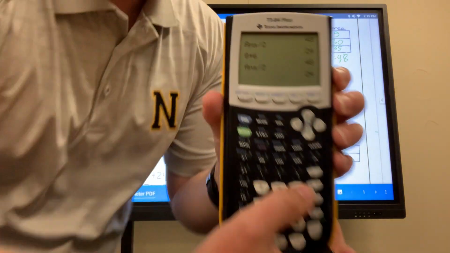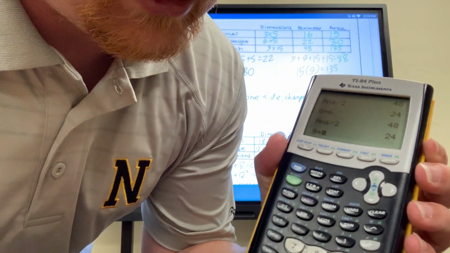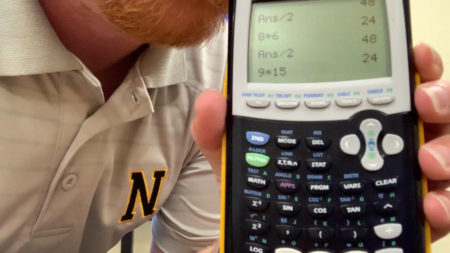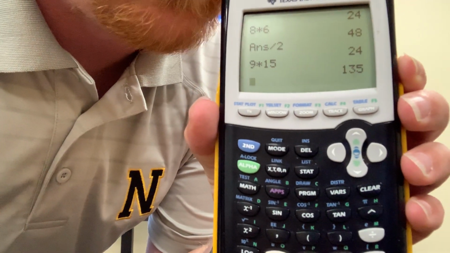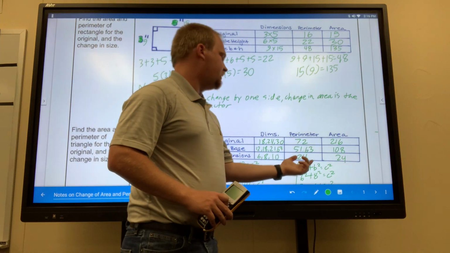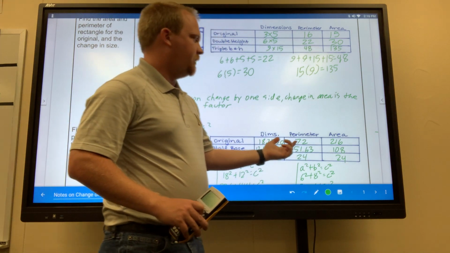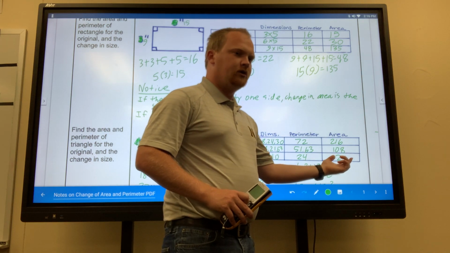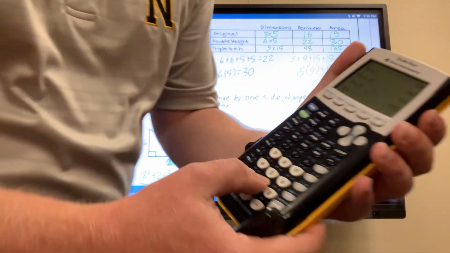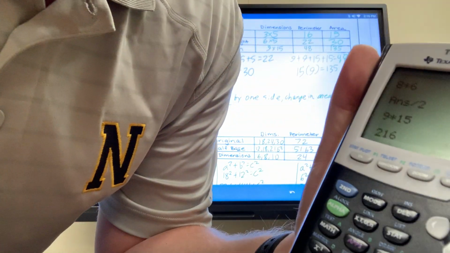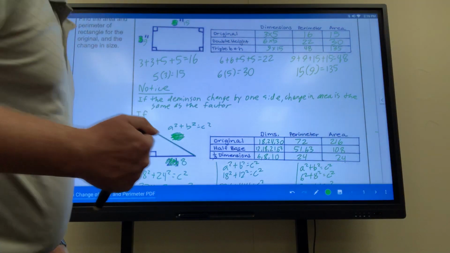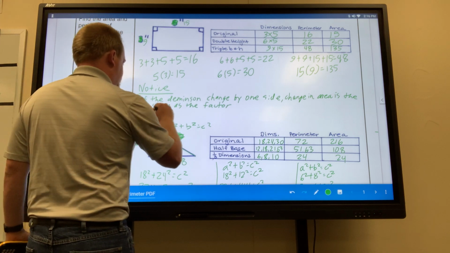So if I do 9 times 15, which remember is 3 squared, that gives me 135. Now, if I take a third of 72, that gives me 24. But if I square the third, it makes it 1/9. Or if I divide 216 by 9, that gives me 24.